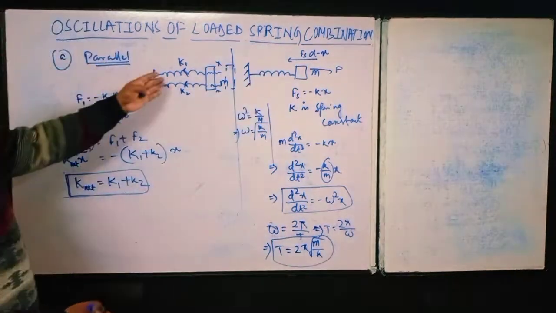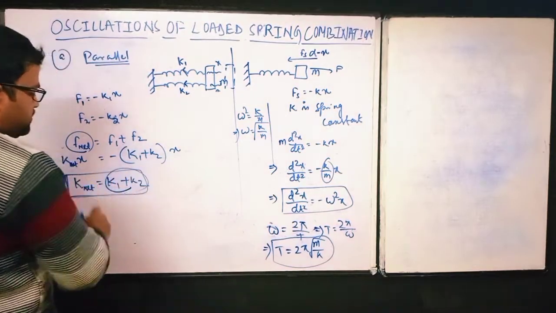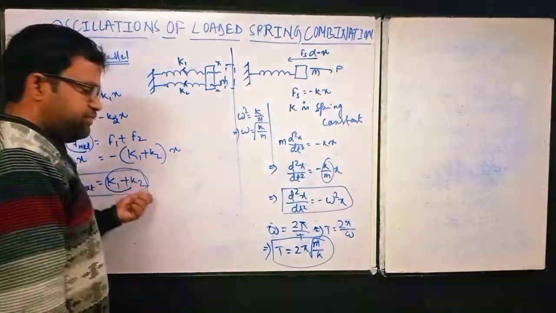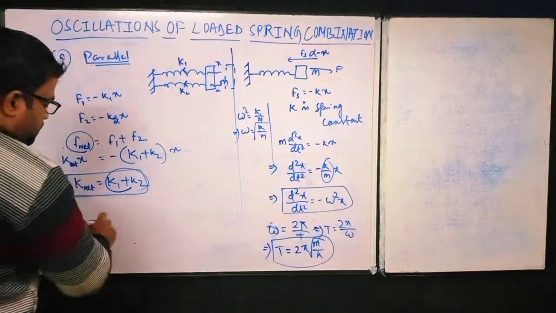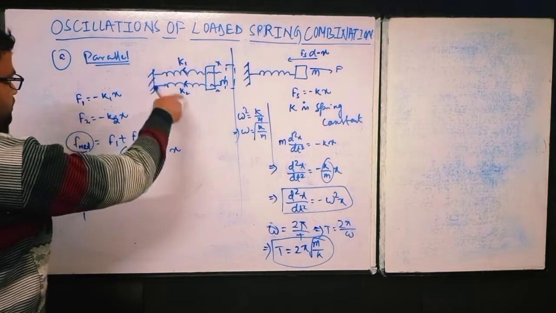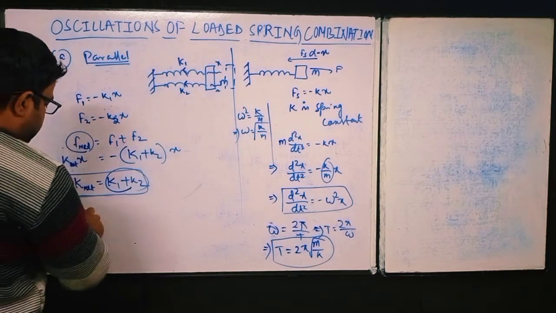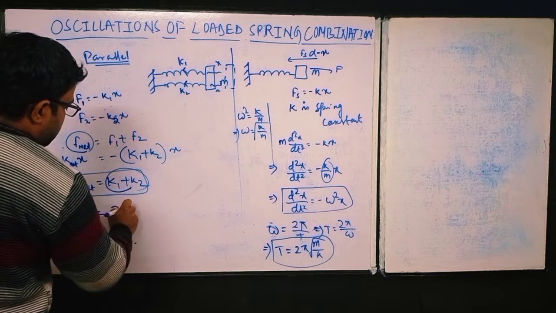Now for double springs connected in parallel, your k has been modified to k1 plus k2. So the time period for this combination of springs connected in parallel will be 2 pi.